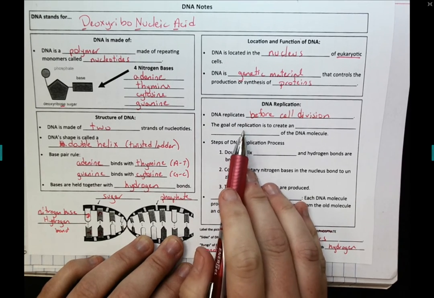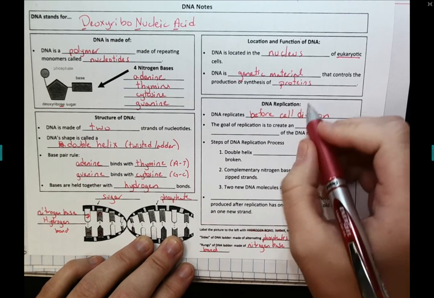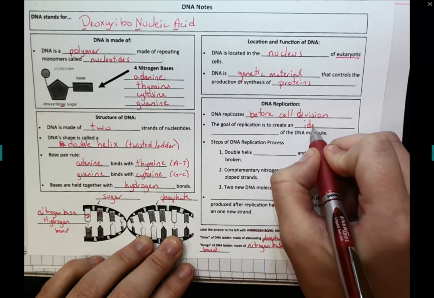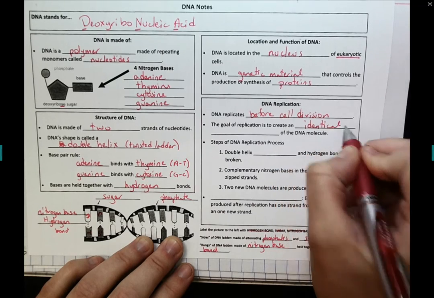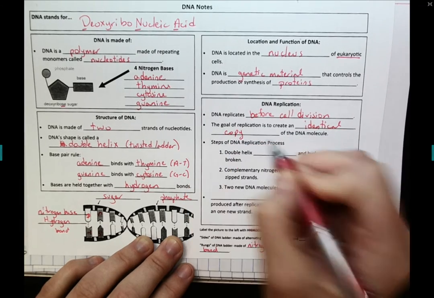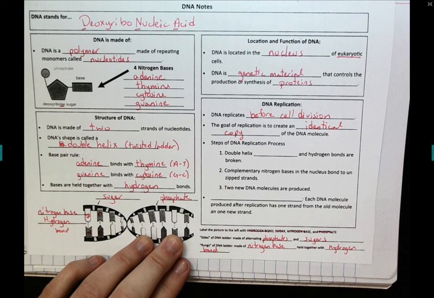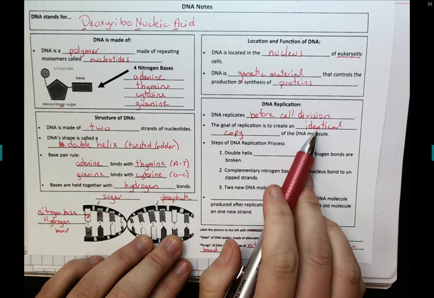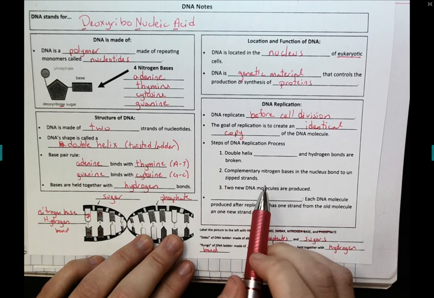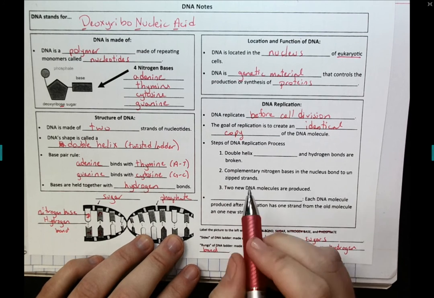The goal of DNA replication is to create an identical copy of the DNA molecule, right? That way each new cell that you make, whether it's a heart cell or a skin cell, has an identical copy of DNA. We don't want any mistakes.